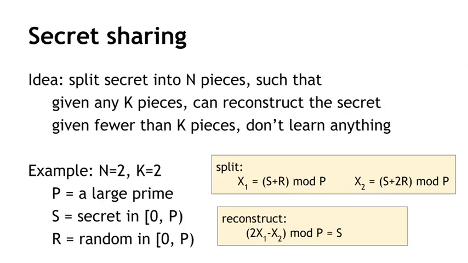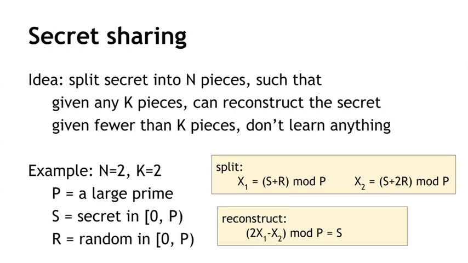And if you think about it, you can convince yourself that the result then of s plus r modulo p is equally likely to take on any value between 0 and p minus 1, and that's true regardless of what s was. And so this share by itself just looks like a purely random number and doesn't convey anything about what the value of s might have been. Similarly, this share by itself is also equally likely to take on any value between 0 and p minus 1, and therefore doesn't convey any information about s.